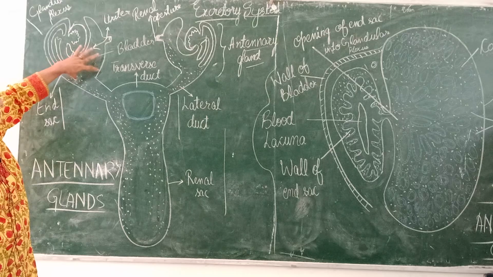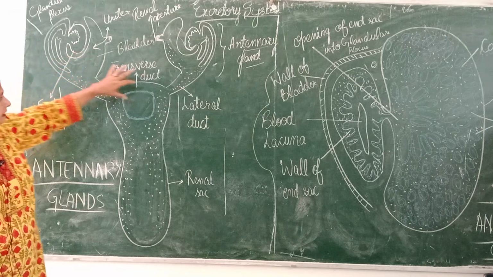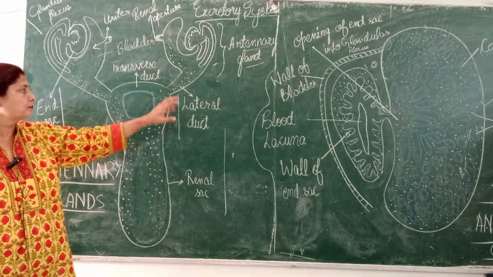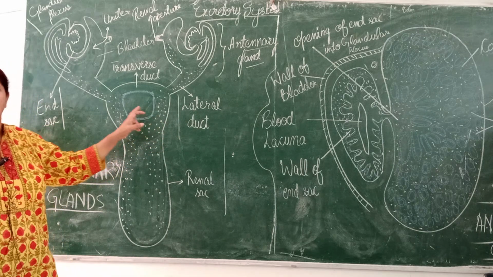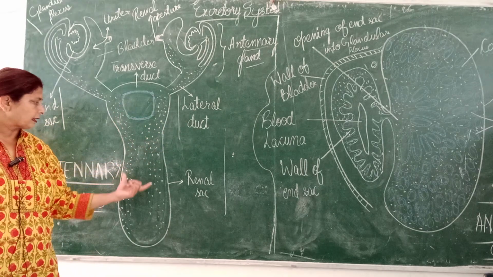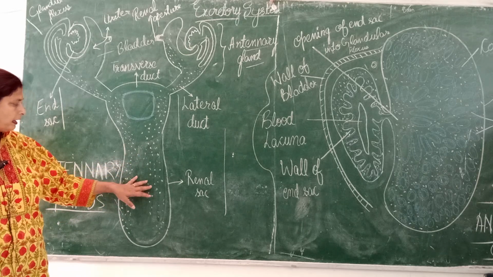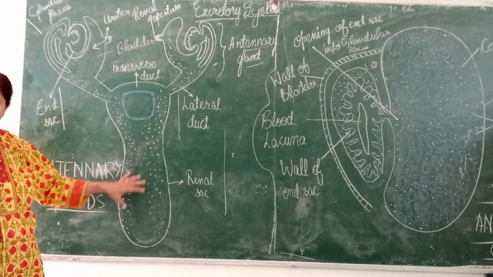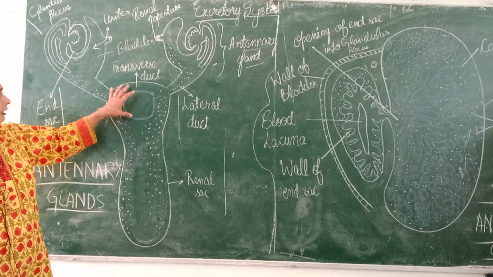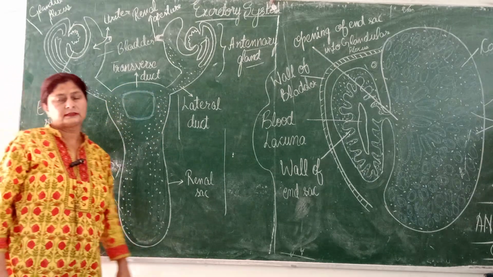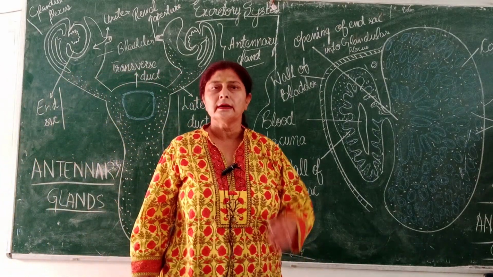Just below this total antennary gland there are small tubes called the lateral ducts. These two lateral ducts join with each other and form the renal sac, and on the upper side there is the transverse duct.